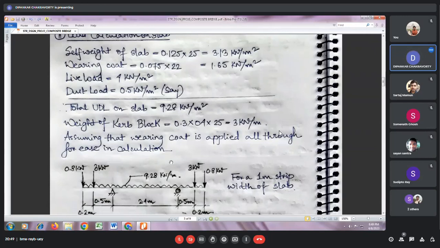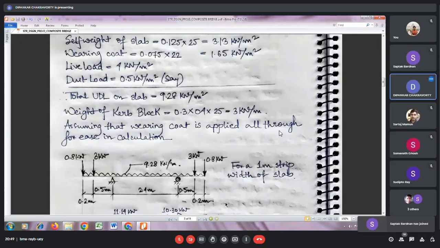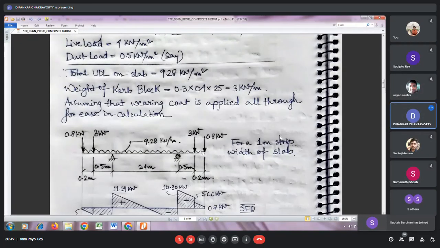And one approximation, as I told you in the last class as well: the wearing coat, although it is existing only on the clear carriageway width, just for simplicity we assume that the wearing coat is applied all along the cross width of the bridge, because the calculation does not change remarkably if we make this conservative assumption.